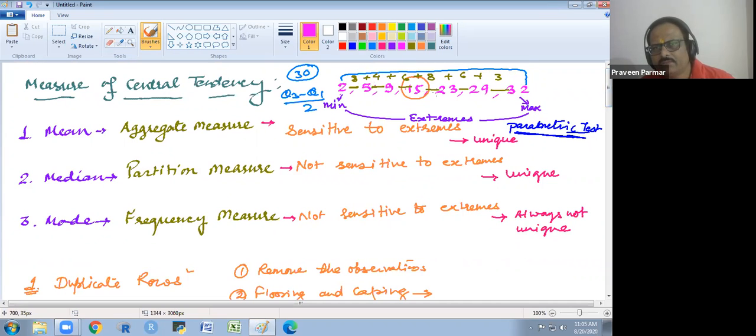Average scatterness: we sum all this, 3 plus 4 is 7, plus 6 is 13, plus 8 is 21, plus 6 is 27, plus 3 is 30. So it is 30 divided by 6, which is 5.